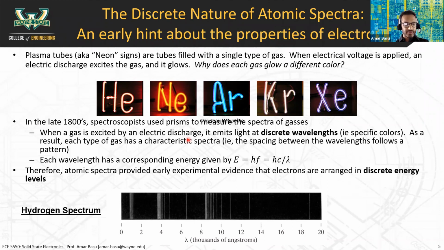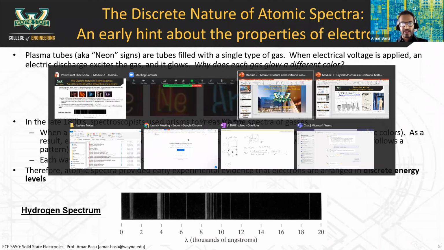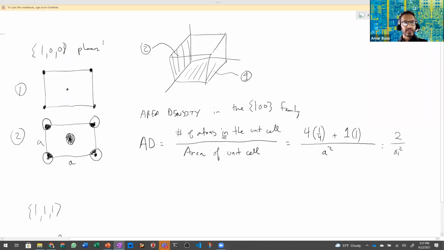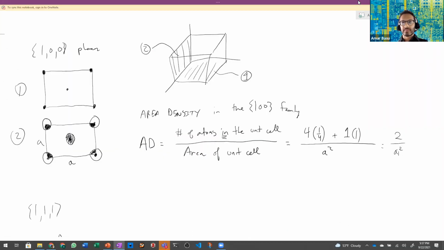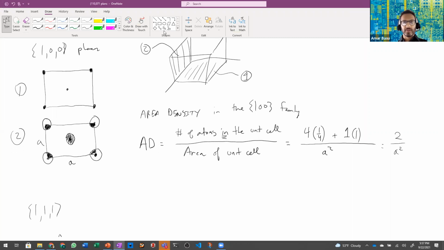So just to remind everyone what an experiment like that might look like, let me open a new notebook here.